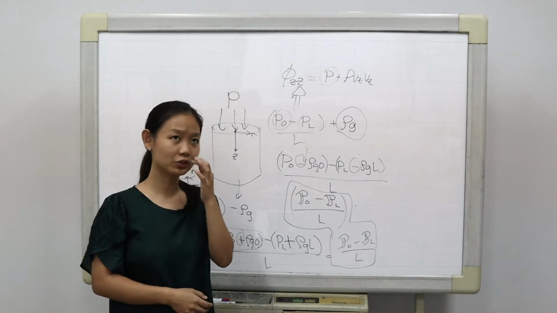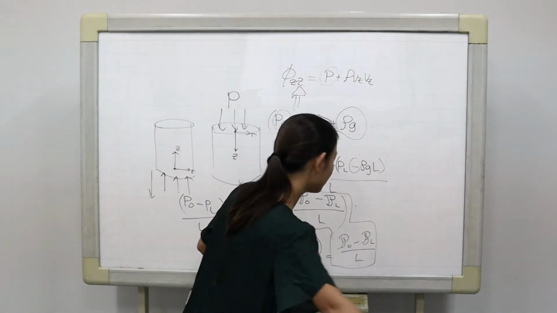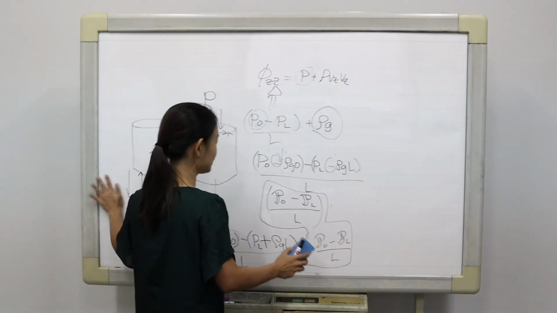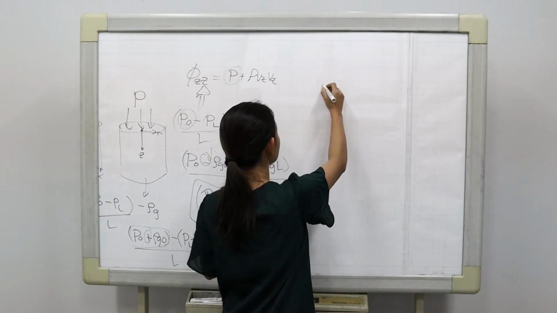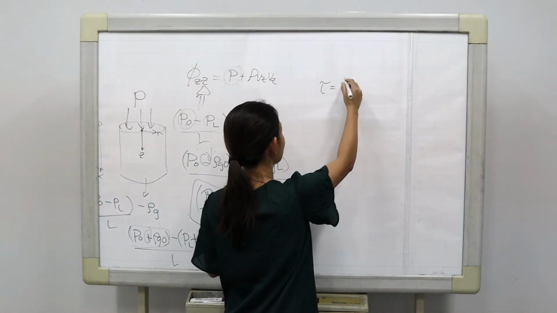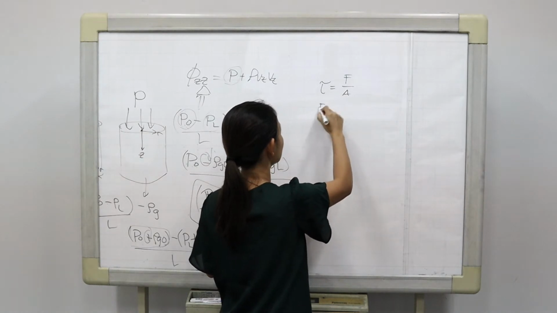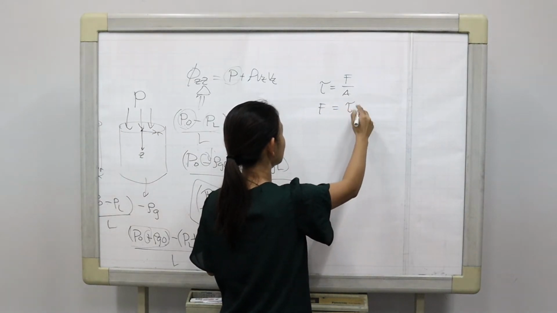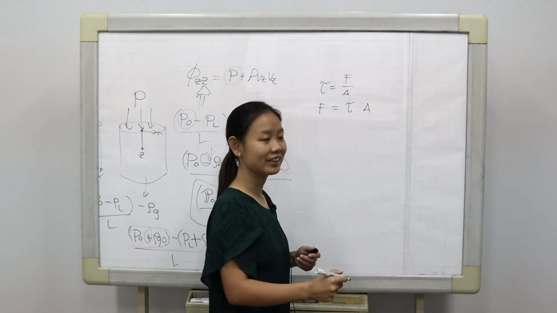Actually, you don't have to integrate. You just need to calculate the force. Tau is force divided by surface area, so the force is the momentum flux times the surface area.